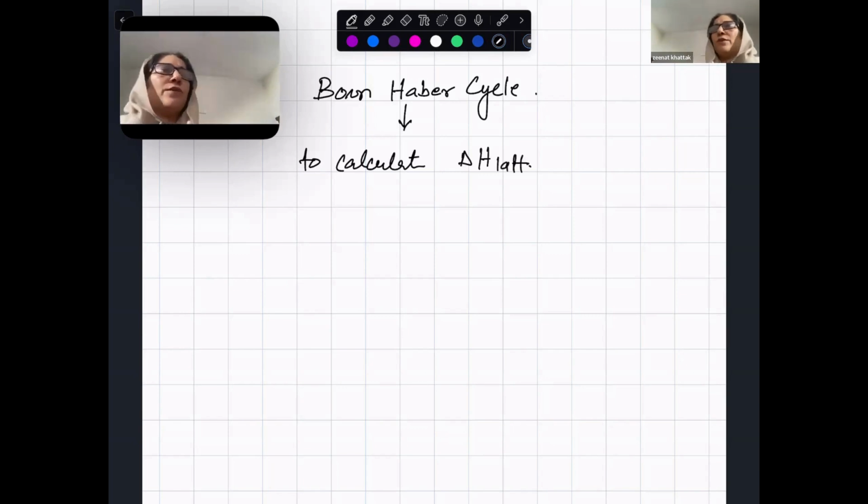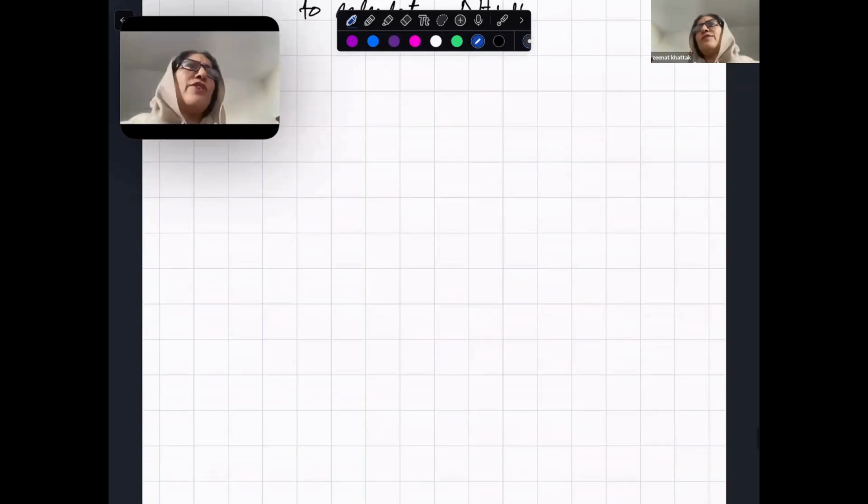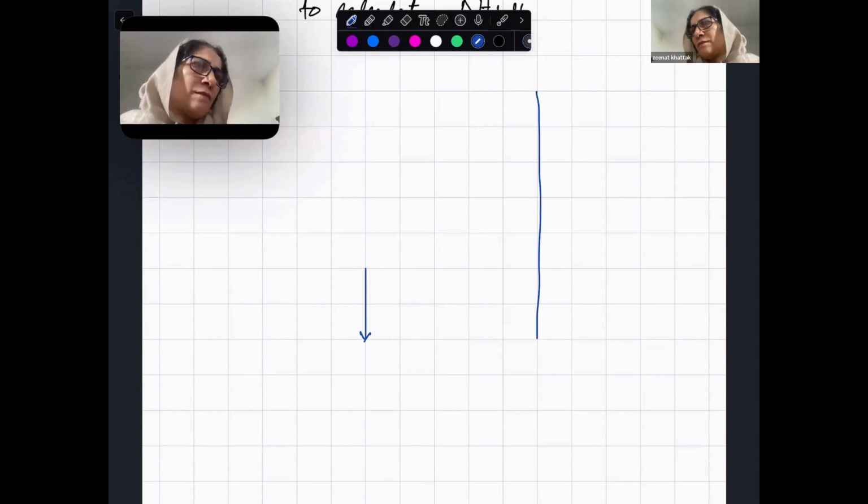It can also be used to calculate electron affinity, ionization energy, formation, anything which is unknown while the rest are known. But the direct Born-Haber cycle is linked to delta H lattice. Now, what are you supposed to do? Draw two arrows, one small. I think this is the easiest way to do it. Two arrows, both downward.